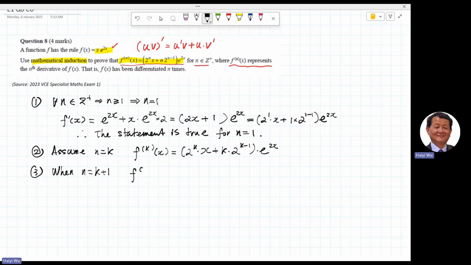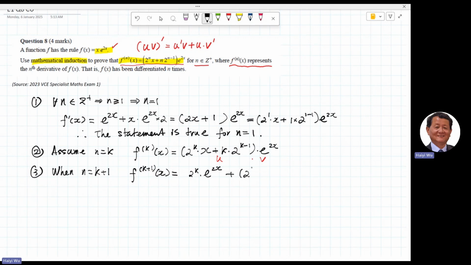So we will get the k plus 1th derivative. Let's do the u times v. Let's do the u dash, which is 2 to the power of k. That's the u dash times v, which is e to the power of 2x. Then that's the u dash v, then plus u.